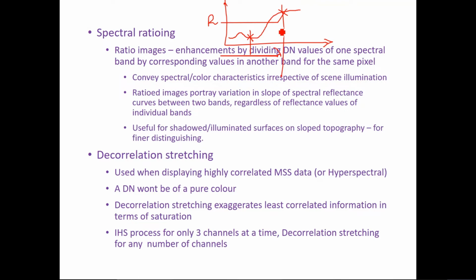So this is generally useful for shadowed areas or illuminated areas on sloped surfaces. Once you do the spectral ratioing, you can actually view the actual topography of the particular area, or you can use it for finer distinguishing of the sloped topography. All right.